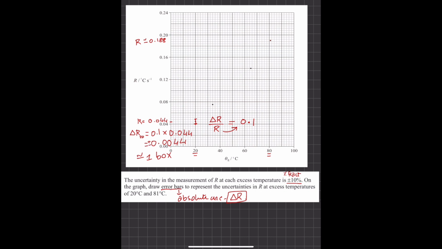So from the point, you have to go 1 box up and 1 box down. That's the uncertainty. For R at 80, the uncertainty of R at point 80 is equal to, once again, 0.1 multiplied by R at 80. So we found it as 0.188, and that's equal to 0.0188. Okay?